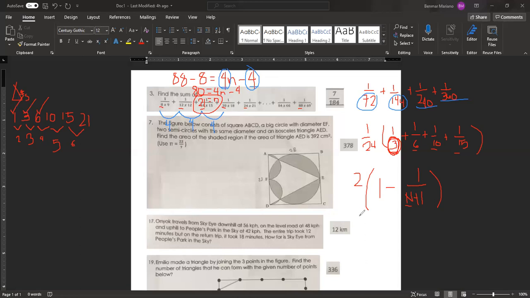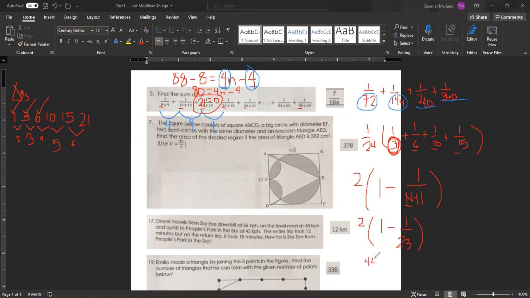So to identify the sum, it will be 2 times 1 minus 1 over n plus 1, that is 22 plus 1, and that would be 23. Solving this using my calculator, 1 minus 1 over 23, times 2, this will be 44 over 23.